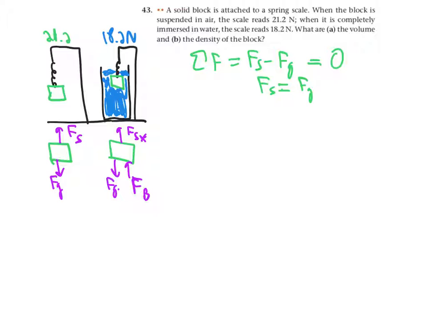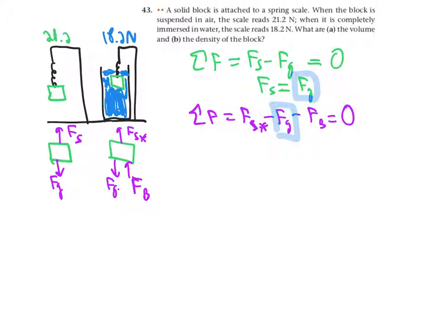And then in the second case, the sum of the forces is the scale with its new reading minus the weight minus the buoyant force. And the second law tells us that has to be 0 because there's no acceleration going on. We see immediately the convenience of having the weight in both.